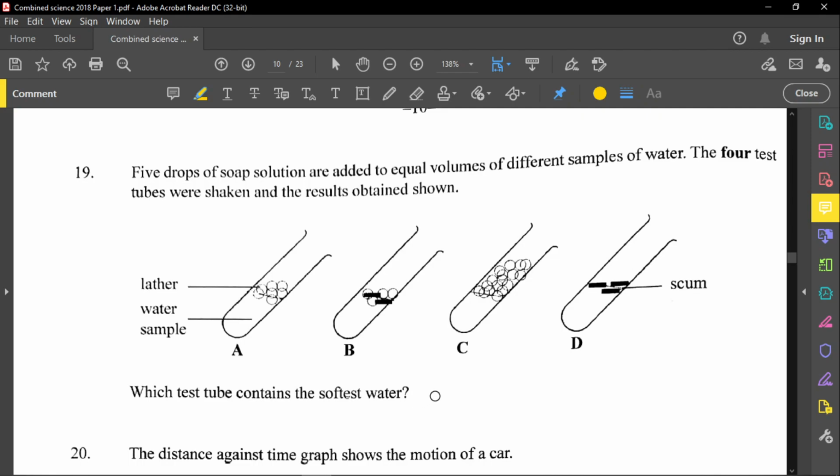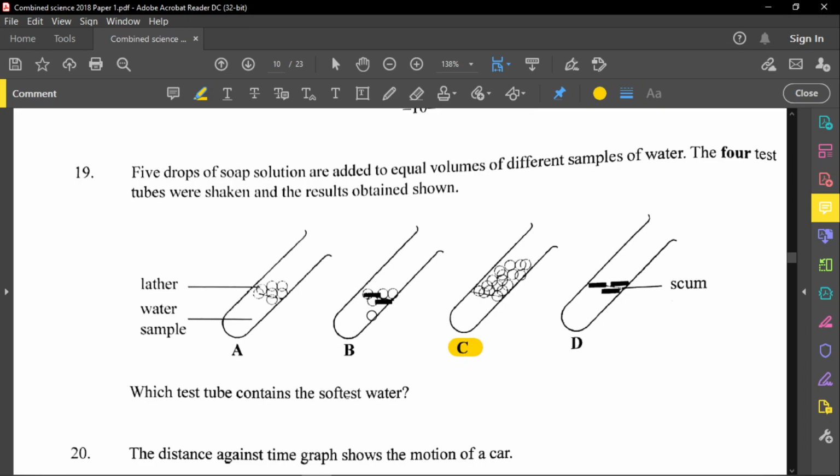Soft water means that there's no impurities in it, or nothing added to the water. So pretty much the water is almost pure. And pure water will produce the greatest amount of lather or suddenness, right? And so therefore C will be our answer right here, okay? More scum means that the water is hard, which means the water is also impure. So D will be impure, okay?